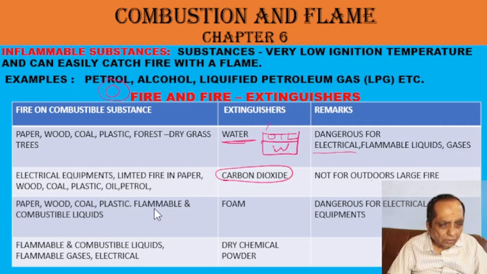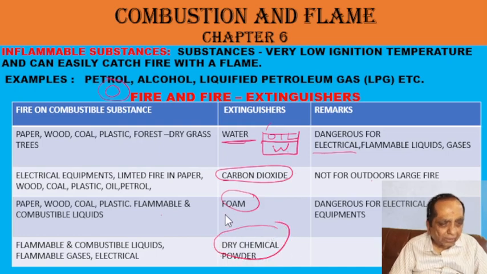Now, in case of this as well as this, the best extinguisher is foam. But foam cannot be used for electrical equipments, because it is having some water. Then for flammable and combustible liquids, flammable gases and electrical fires, you should use dry chemical powder.